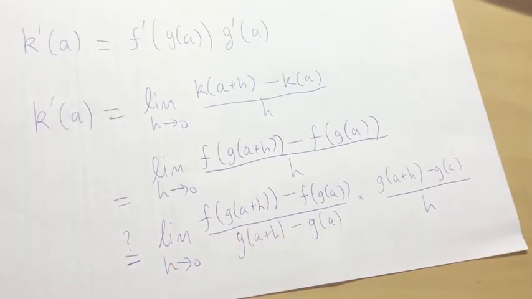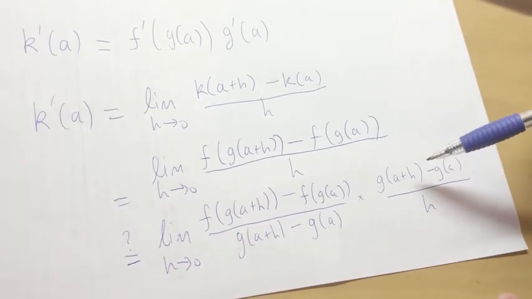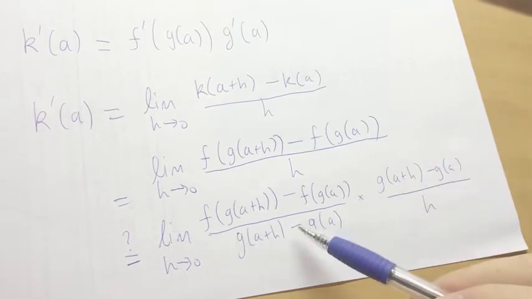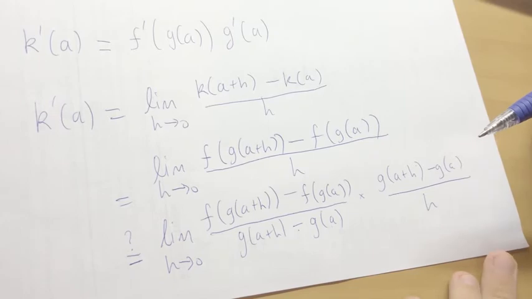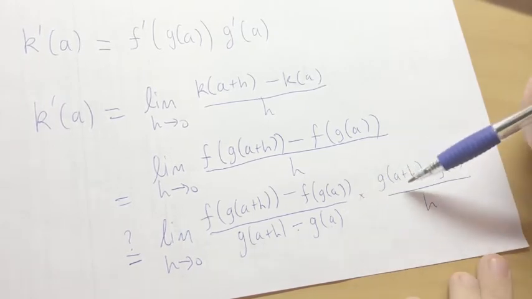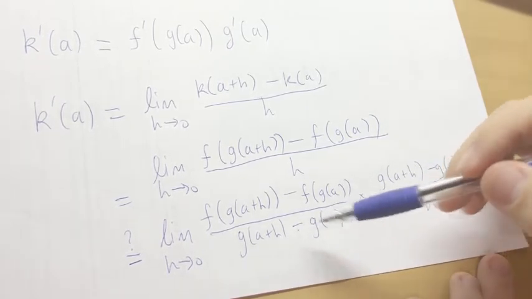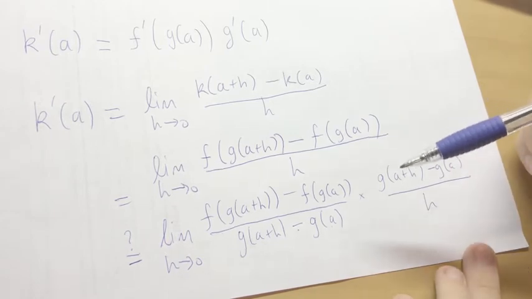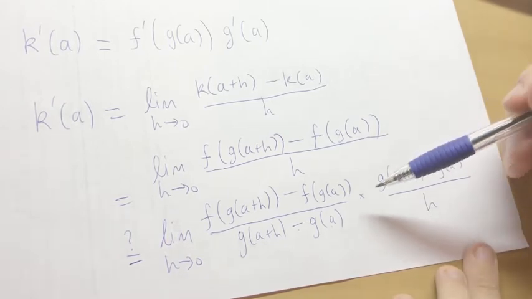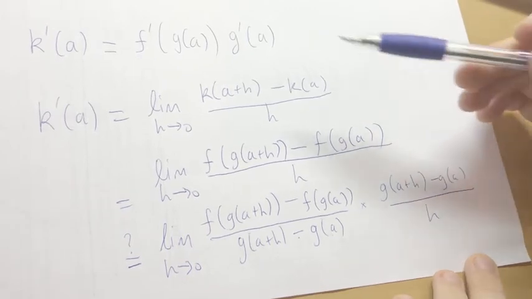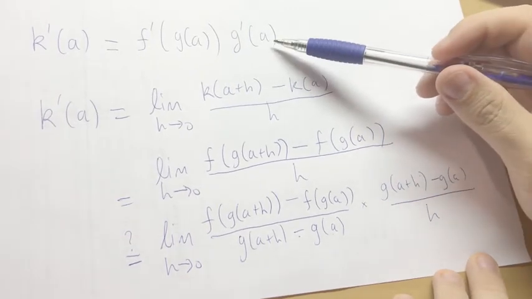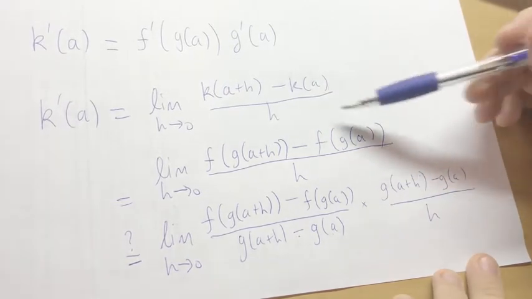The reason it'd be nice is because the second term now, you notice we just added the same thing to the top and bottom. So we would be allowed to do this if this was not 0. And if we could do it, it'd be nice because now this term is exactly this g prime of a, the derivative of g at a, that we want in the answer.